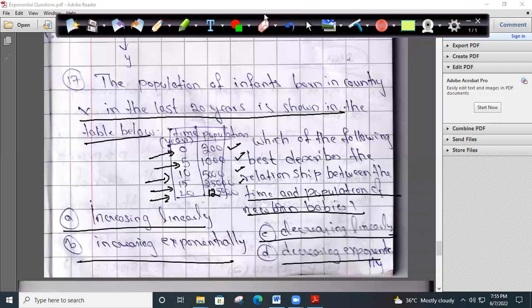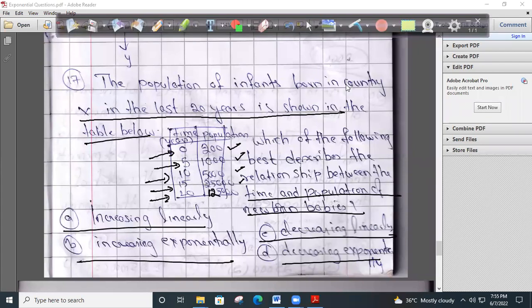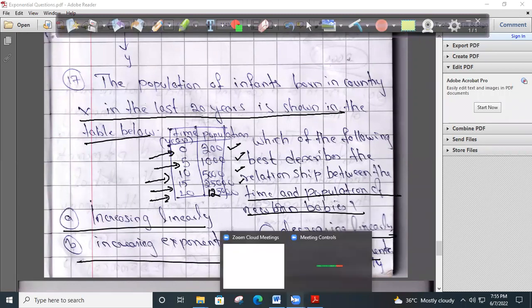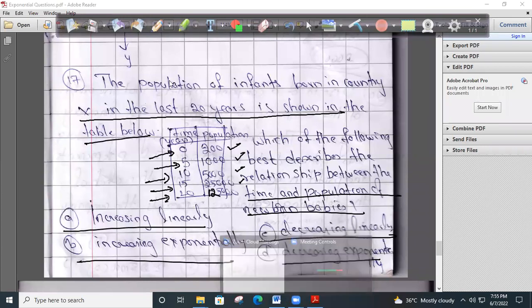Which of the following should be correct? Everyone, please be active and try to give me your answer. A is increasing linearly, B is increasing exponentially, C is decreasing linearly, D is decreasing exponentially.